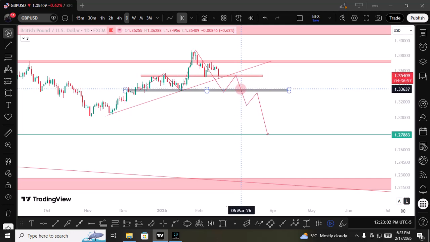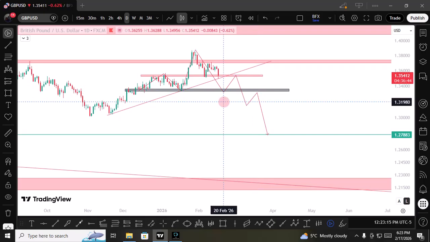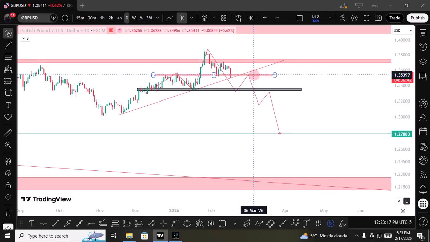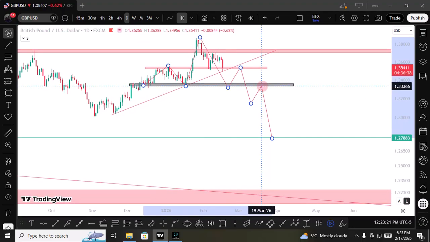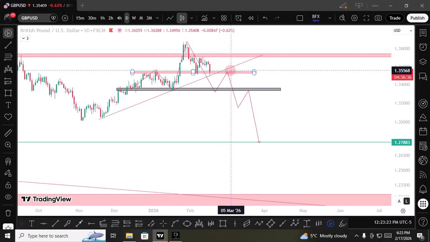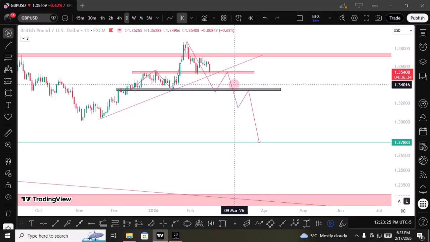Then when price moves, I'll move my stop loss to break even here. Then I'll wait for price to break this neckline, then retest it, then I'll add another position around here. So I'm looking to have 2 positions on this GBPUSD when the price is dropping.